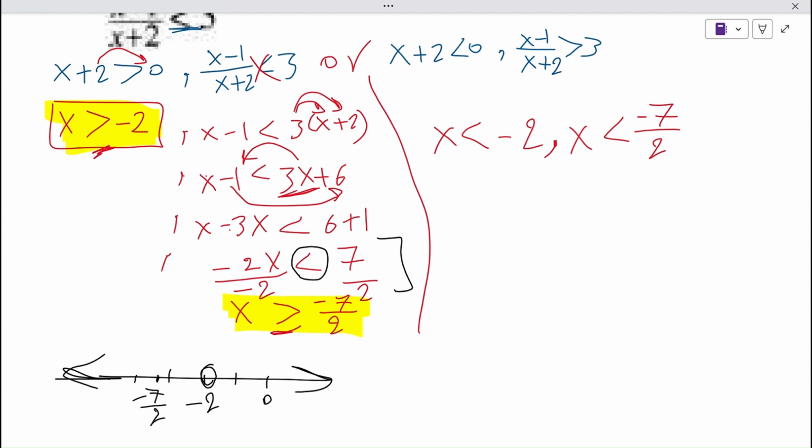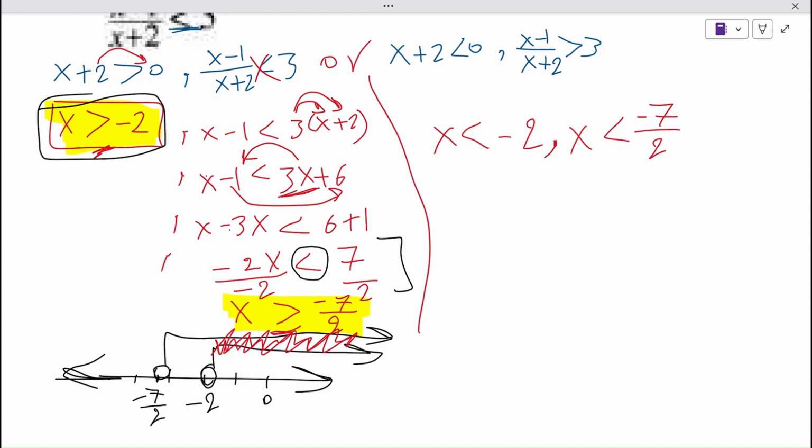Again, x is greater than negative 7 over 2, greater than, it means positive side. Then take out the intersection of these 2 points. Here we have the intersection. Which one is the solution? Here we have x greater than negative 2. This is our solution. What about here?